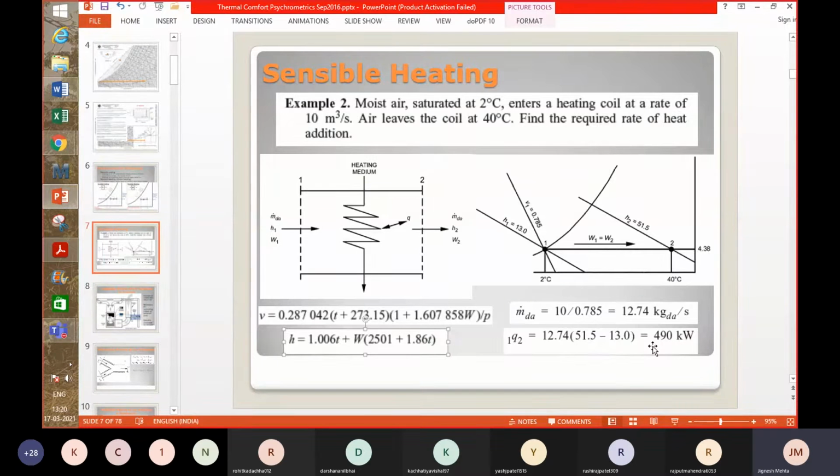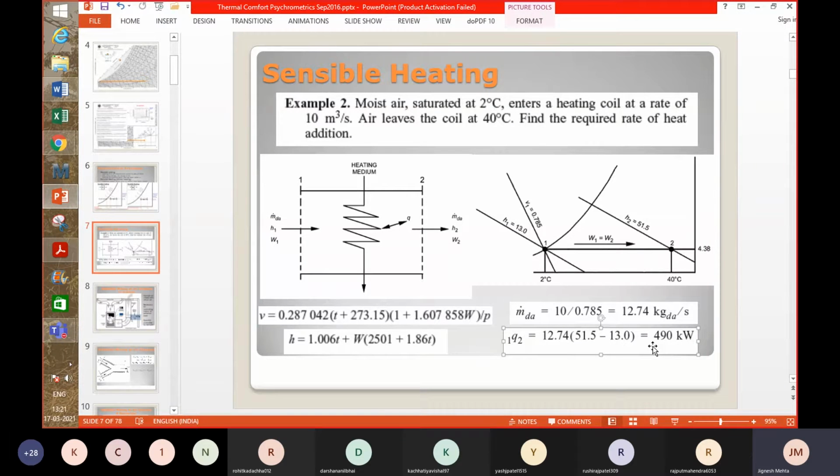But as compared to that, this seems to be a much higher figure. So it must be a very big volume which is being heated. So this is an example on sensible heating, and it was explained how you can use the formula also for solving such an example. With the help of the formula, you get a more accurate answer.